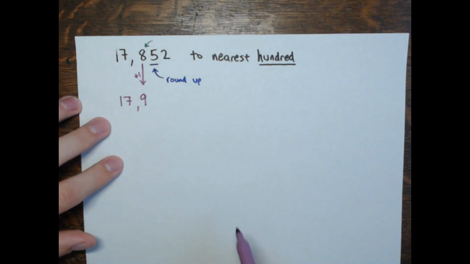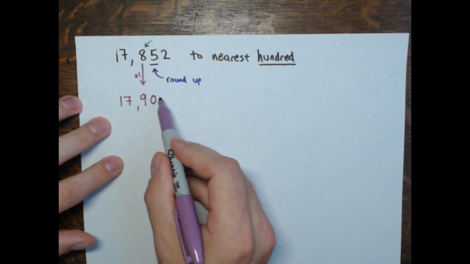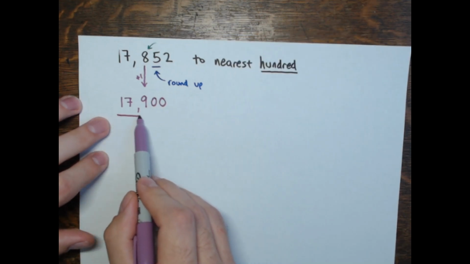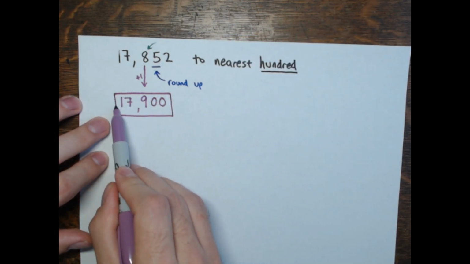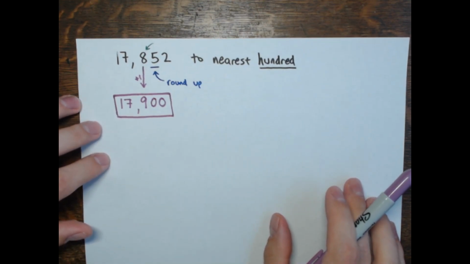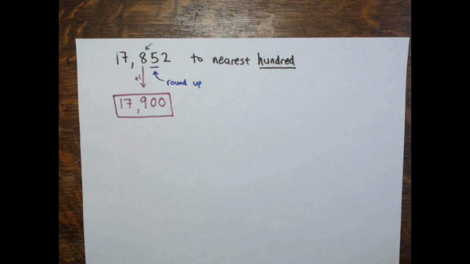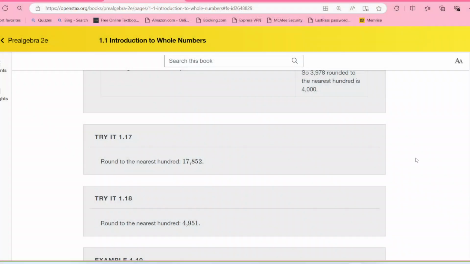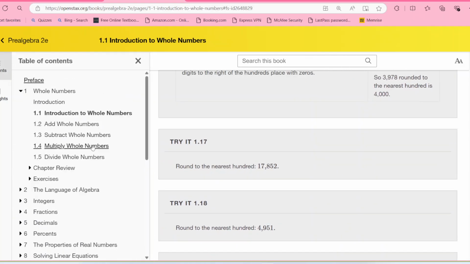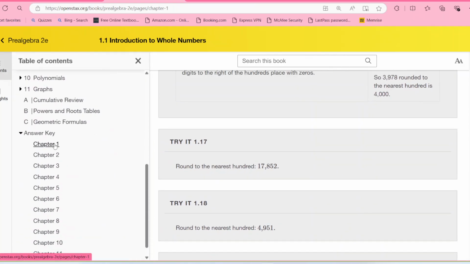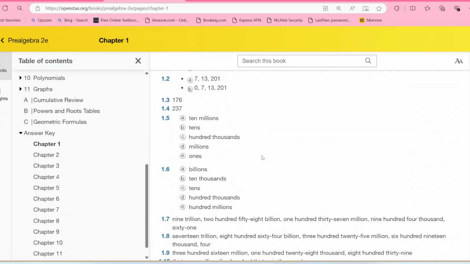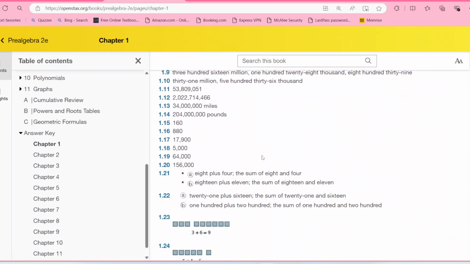So it's 17,9, and then zeros after it. 17,900. Let's verify that once more. Always check your work if you are able. And so you try it 1.17, 17,900. Excellent.